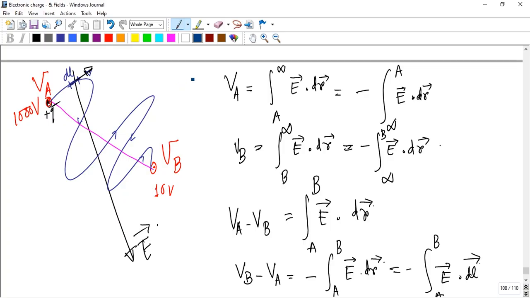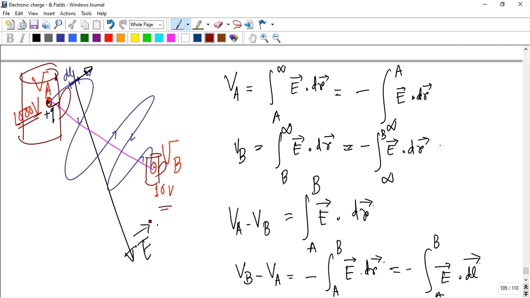Suppose another example. If I take a coffee mug and this coffee mug contains 100 volt potential, and bring that charge from this coffee mug to a very small teacup at 10 volt.